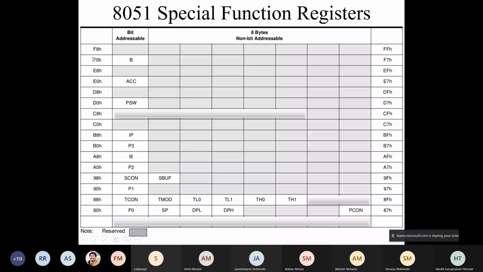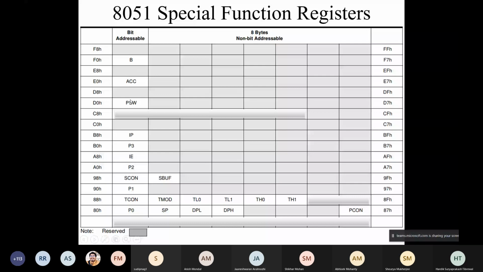Look at this SFR organization. This is a little table within the 8051 microcontroller showing different registers and their addresses. Whenever I talk about the B register, in the program we write A or B or PSW, IP.